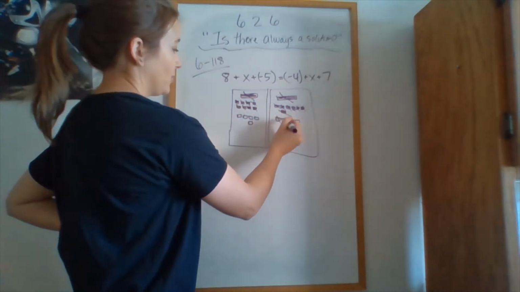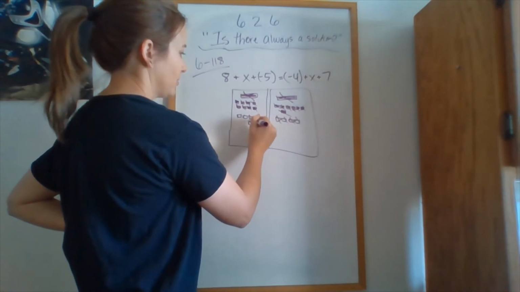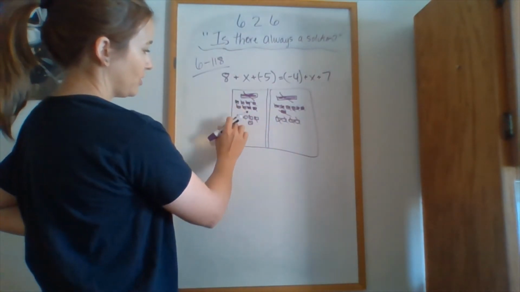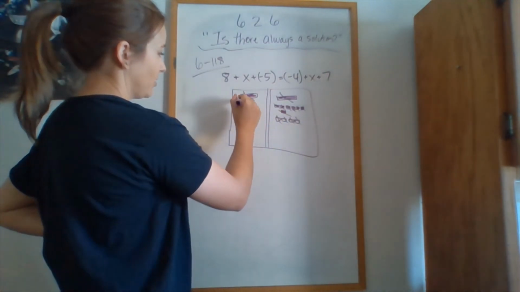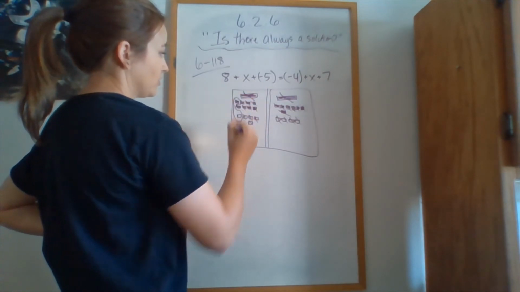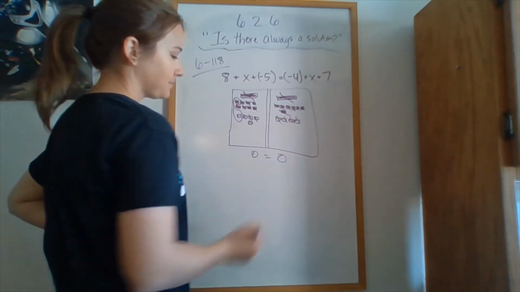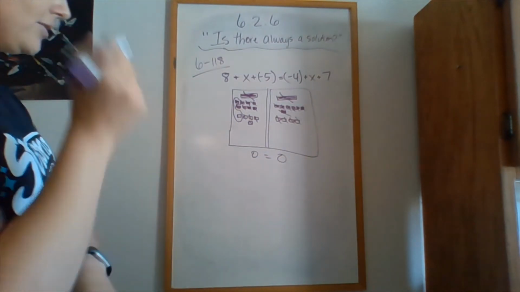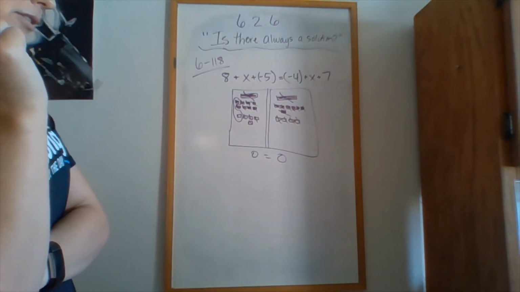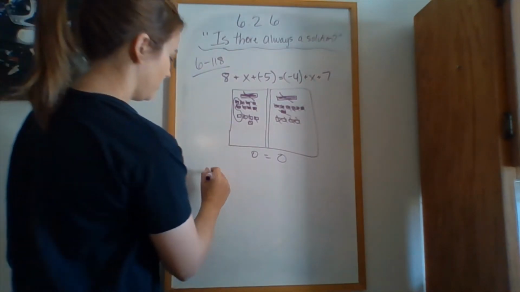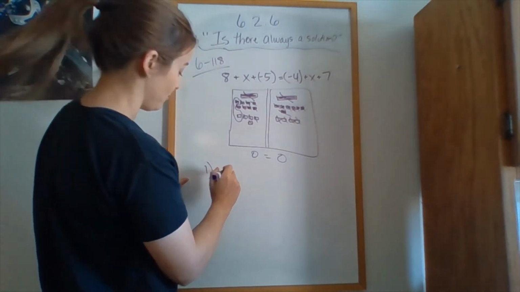Then I'm going to match up 4 of these. 1, 2, 3, 4. Now I'm left with a +1 and a -1, which can make a 0. So I'm going to just circle those to make a 0. And I'm not left with anything. I got a 0 and a 0. There's nothing on the mat now. So here's my steps. I removed x's.